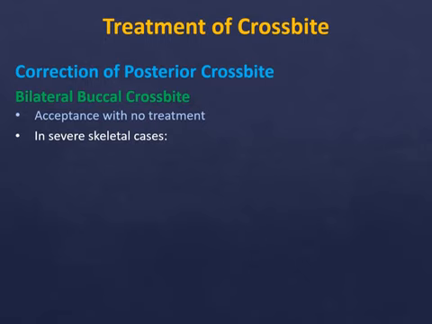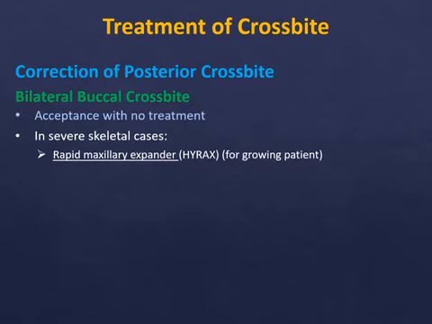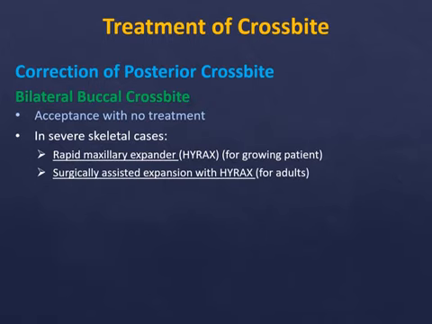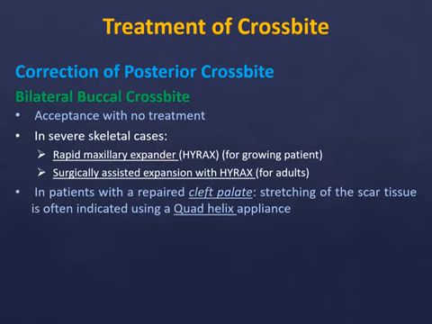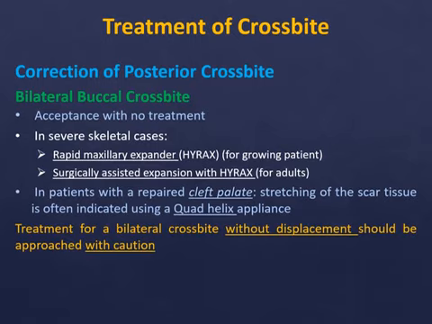However, in severe cases, we can use rapid maxillary expansion, Hyrax, for a growing patient, or surgically assisted expansion with Hyrax for an adult. In patients with repaired cleft palate, stretching of the scar tissue is often indicated using a quad helix appliance.